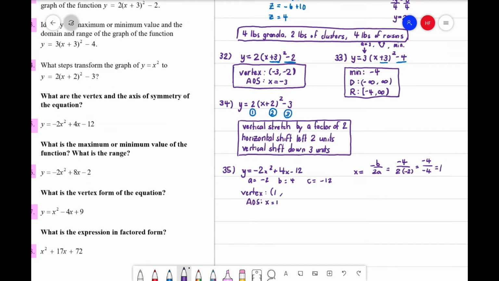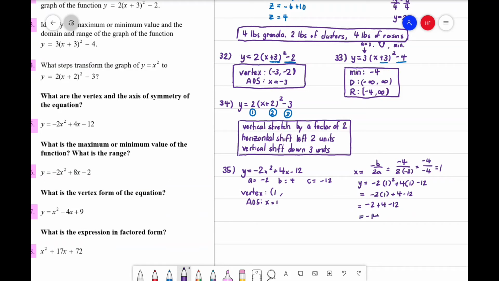And then I plug in a 1 to get the y value. So negative 2 times 1 squared plus 4 times 1 minus 12. Negative 2 times 1 plus 4 minus 12. Negative 2 plus 4 minus 12.